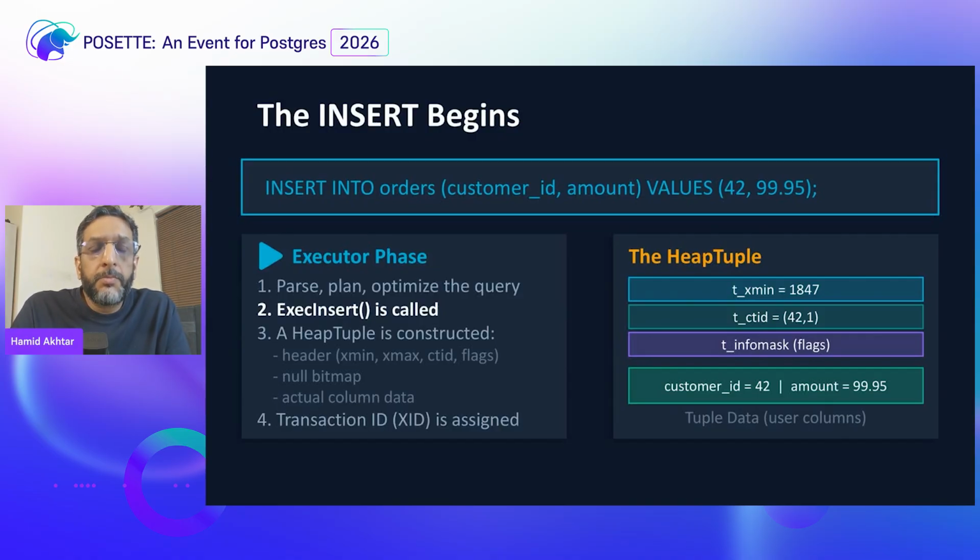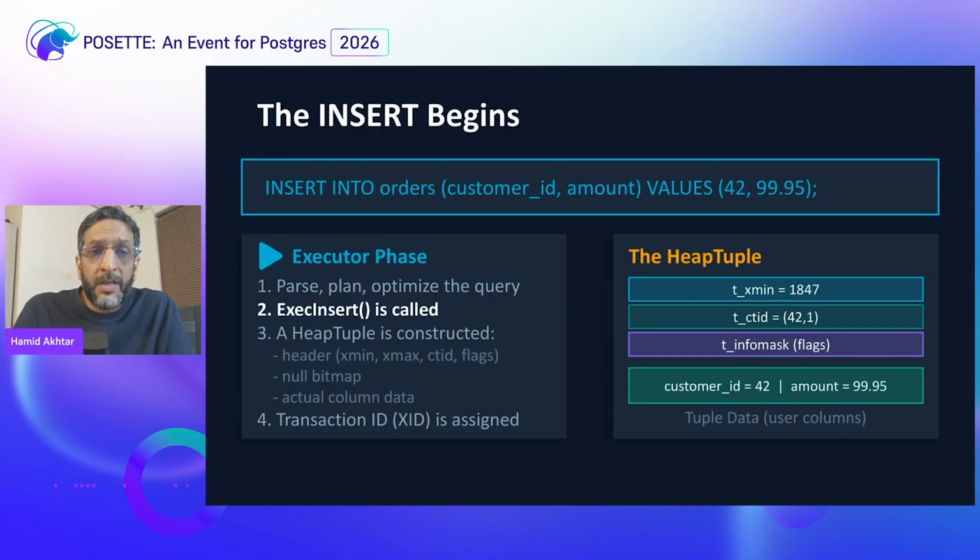So we're going to see that the columns and the values that we provided in the insert statement are going to be transformed into something that Postgres or the table representation can understand. It starts with some information about the header, which is essentially the visibility information, the placement information, and certain flags that define the state of that tuple.